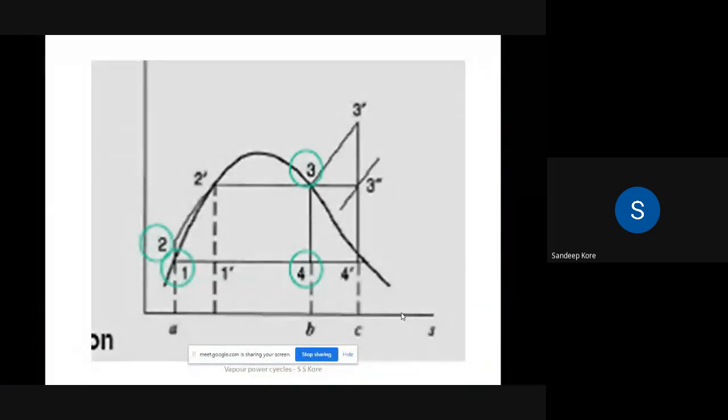here, if you observe this TS diagram, now this curve or dome stands for the saturation curve.